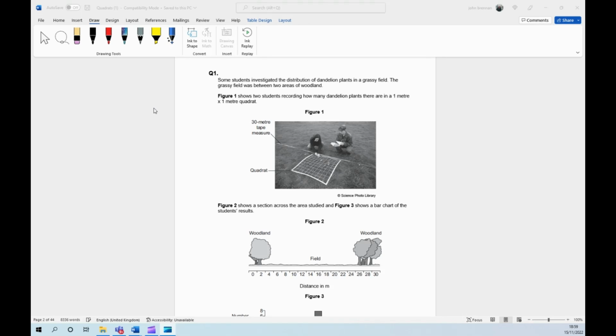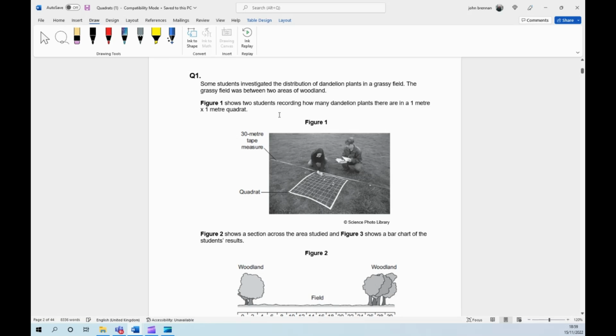So let's have a look at what's actually in this question. Let's have a little read through, just enlarge this for you. Some students investigated the distribution of dandelion plants in a grassy field. The grassy field was between two areas of woodland. In this first figure, two students are recording how many dandelion plants there are in a 1 meter by 1 meter quadrat.